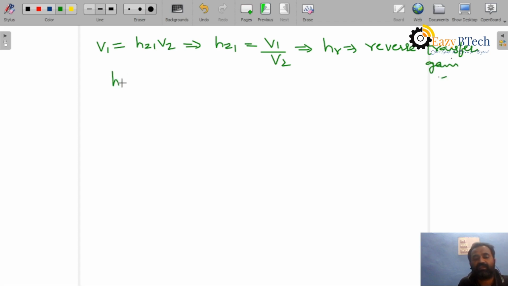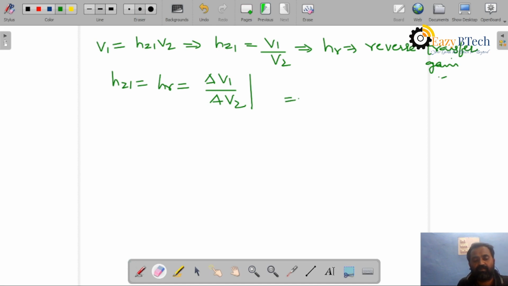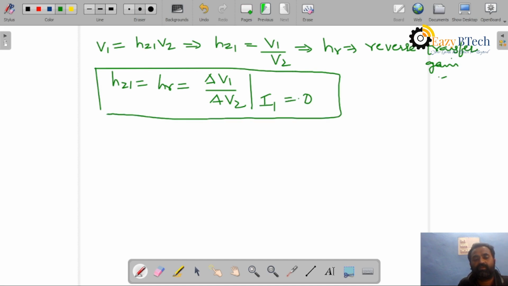That we will write as H12 is equal to HR is equal to change in V1 by change in V2 at I1 equal to 0. This is known as reverse transfer gain.